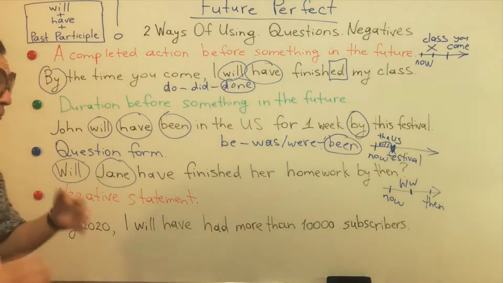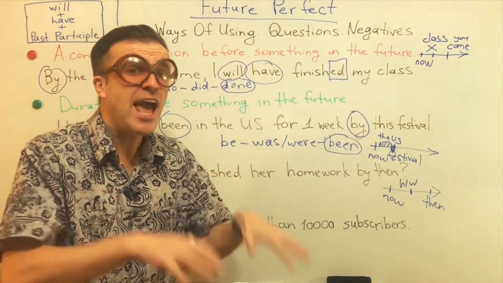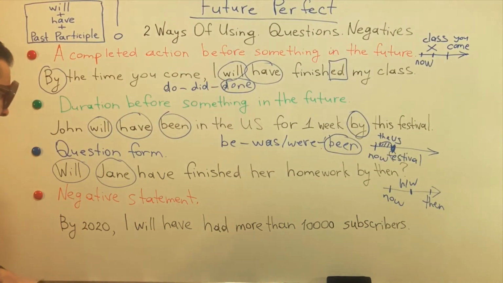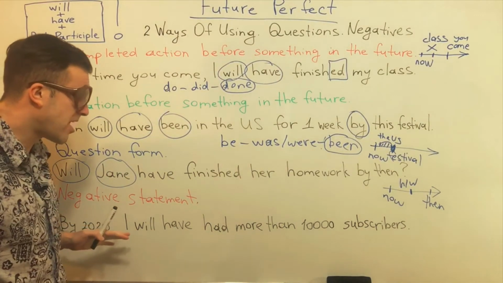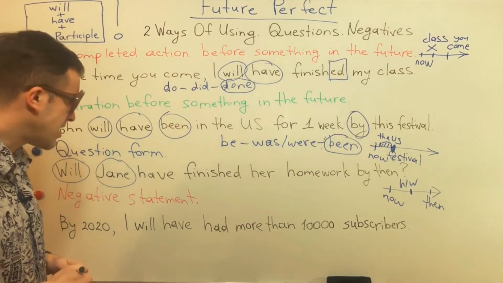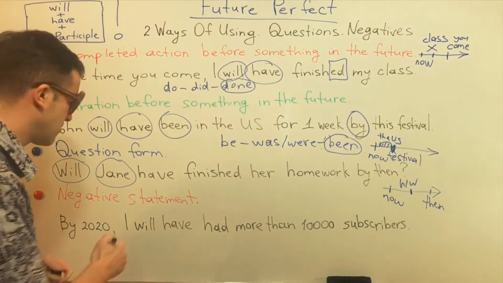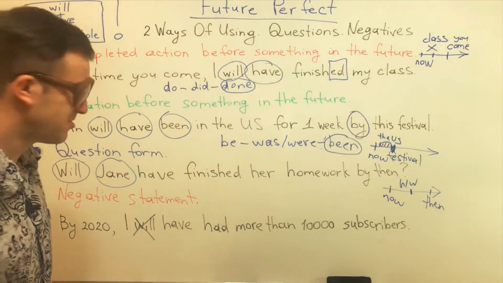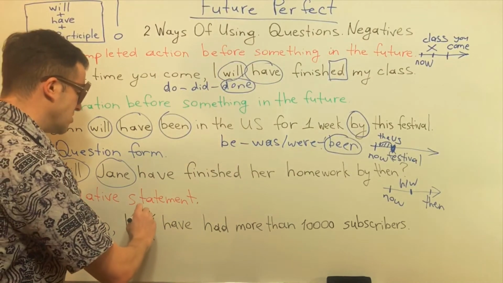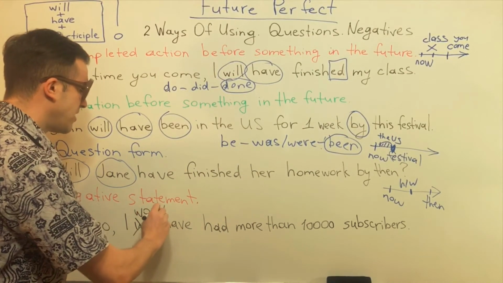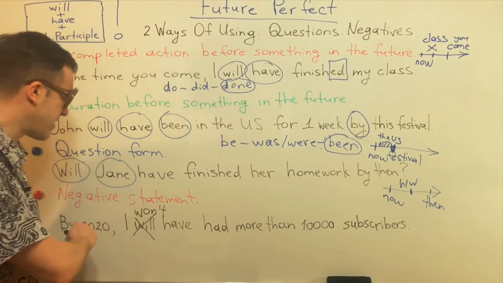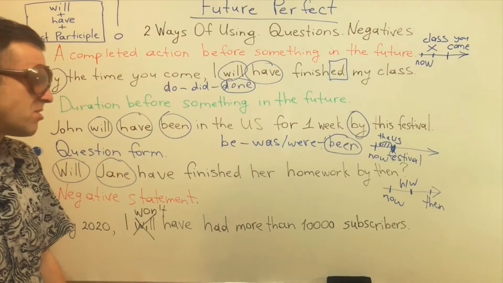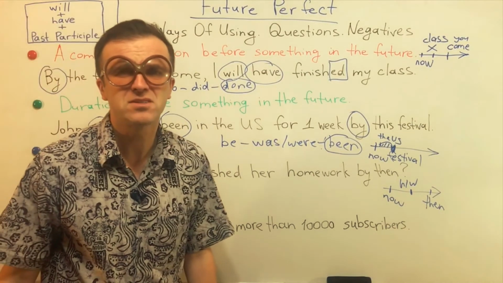But unfortunately, we have to make this sentence negative. And we can say, by 2020, I won't have. So we have to cross out will and say won't. It's like will not, but we contract this form and we say: I won't have had more than 10,000 subscribers.